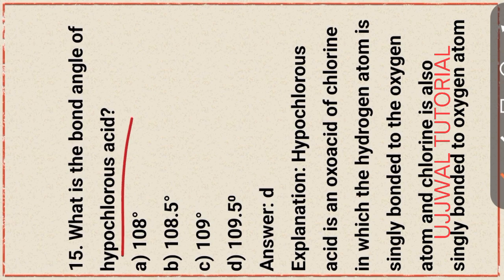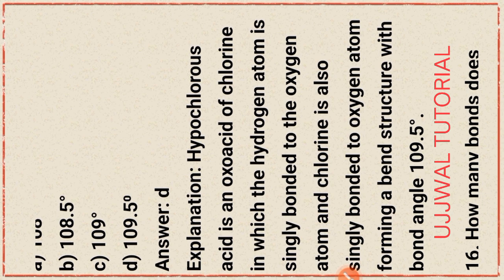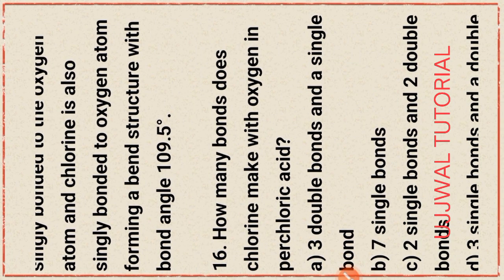That is option D, 109.5 degrees. Explanation for this part: hypochlorous acid is an oxo acid of chlorine in which the hydrogen atom is singly bonded to the oxygen atom, and chlorine is also singly bonded to the oxygen atom, forming a bent structure with bond angle 109.5 degrees.